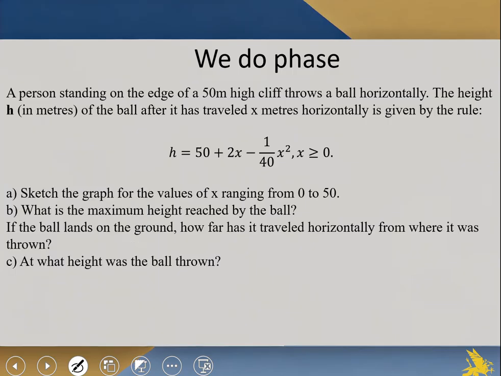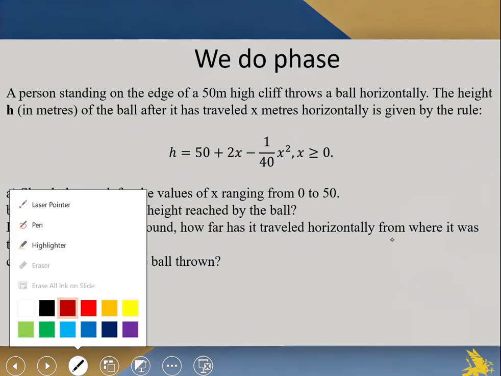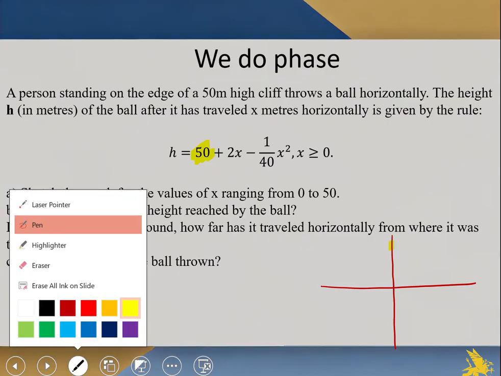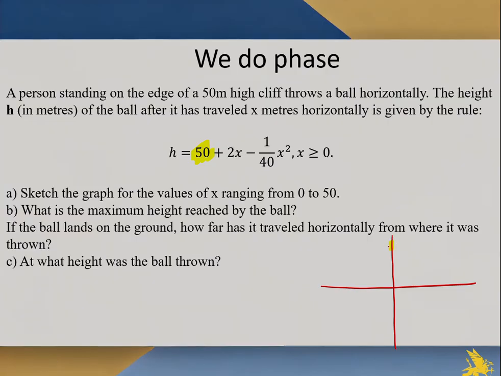Okay, so I'm just going to draw a graph. I know straight away that my c value, just in a different area, is going to be my y-intercept, so I'm just going to label that as 50.